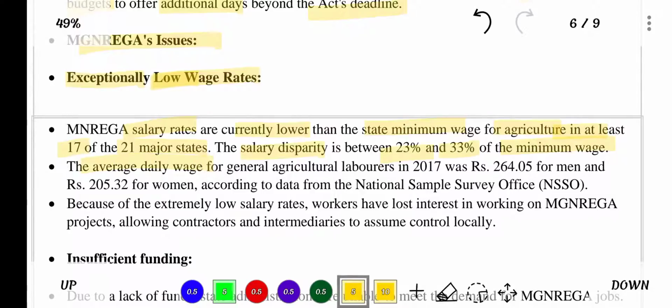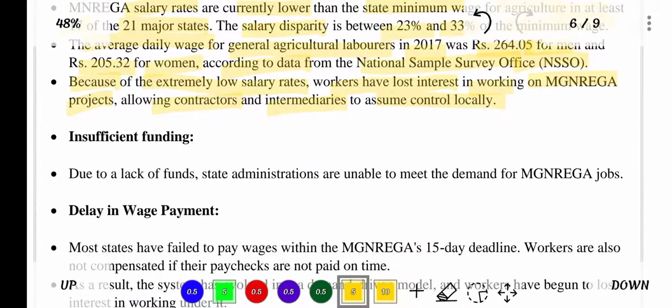The average daily wage for general agricultural laborers in 2017 was rupees 264.05 for men and rupees 205.32 for women, according to data from the National Sample Survey Office (NSSO). Because of the extremely low salary rates, workers have lost interest in working on MGNREGA projects, allowing contractors and intermediaries to assume control locally. Insufficient funding.